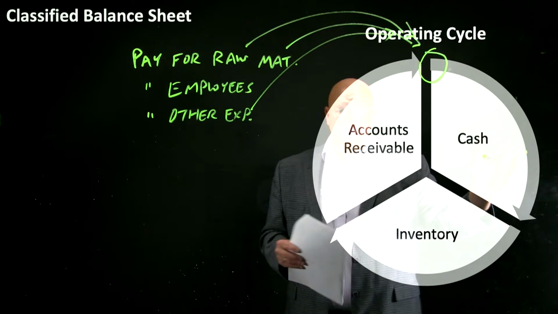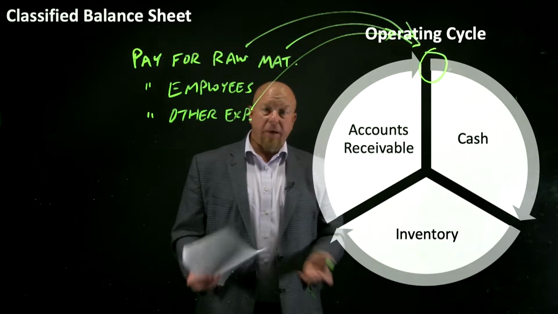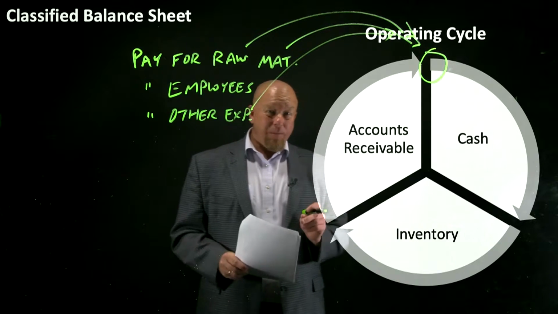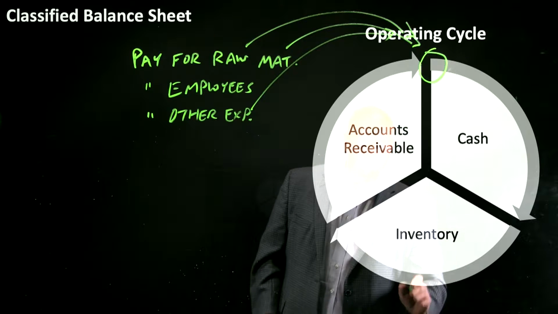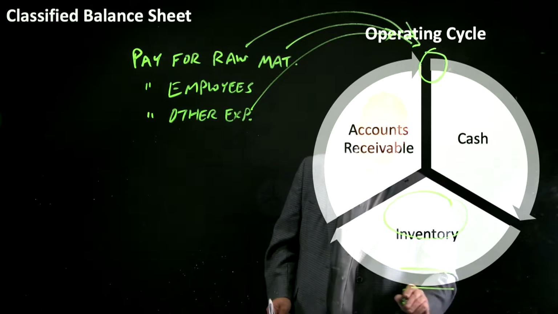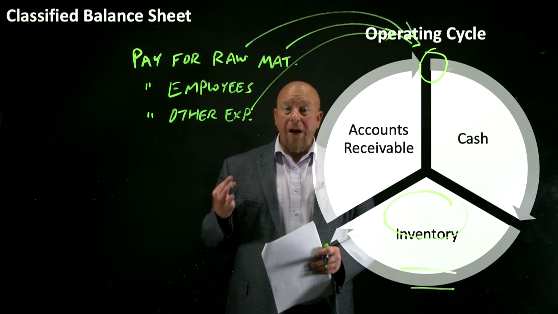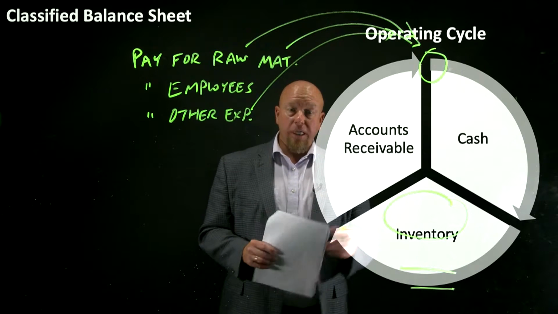Cash is going out the door, and eventually then what happens is, in this case, it's a manufacturer, so they're going to manufacture their product, and then it doesn't become cash yet because it's going to get held down here in inventory. Okay? That'll show up a little bit better right here. So now that product is staying in inventory, we're waiting for a customer to purchase it. Finally, a customer comes along and they purchase it.